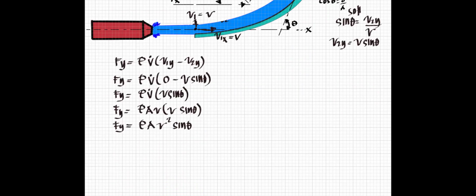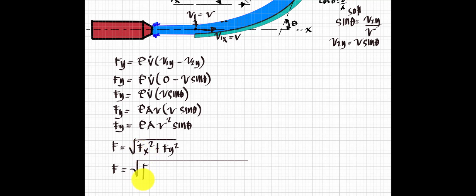Now to get the resultant force, that will be the square root of your f of x squared plus your f of y squared. Then let's substitute yung values niyan. So we have now your square root. That will be yung value ng f of x natin, so I'm gonna square that one.